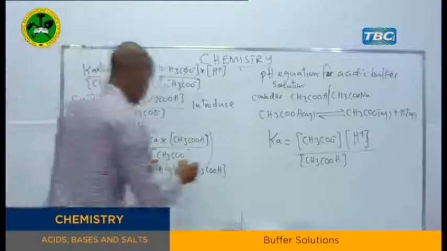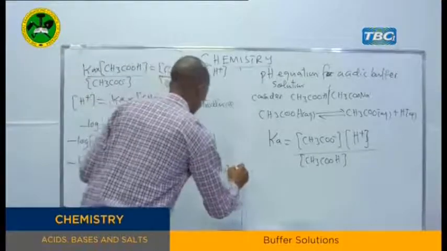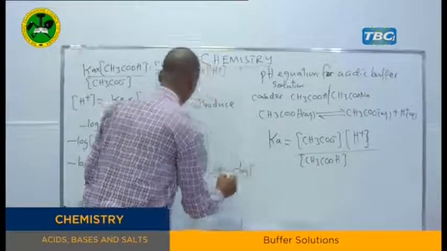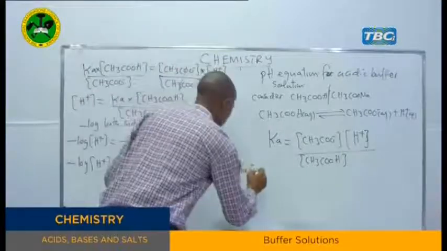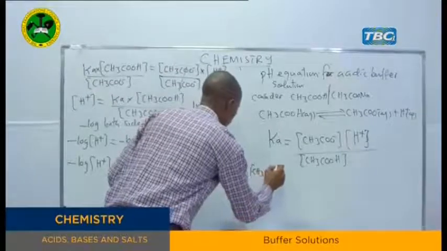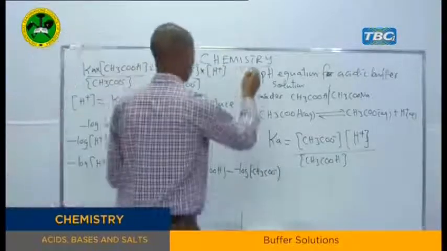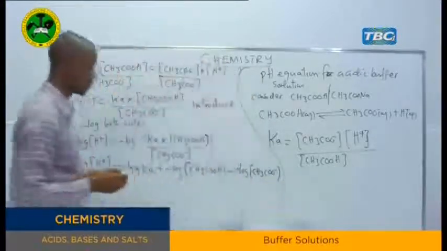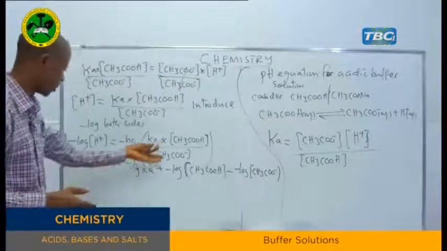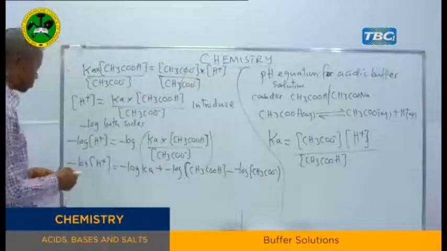And this division will be minus negative logarithm of acetate ion. So it is very simple for you to understand this simplification.